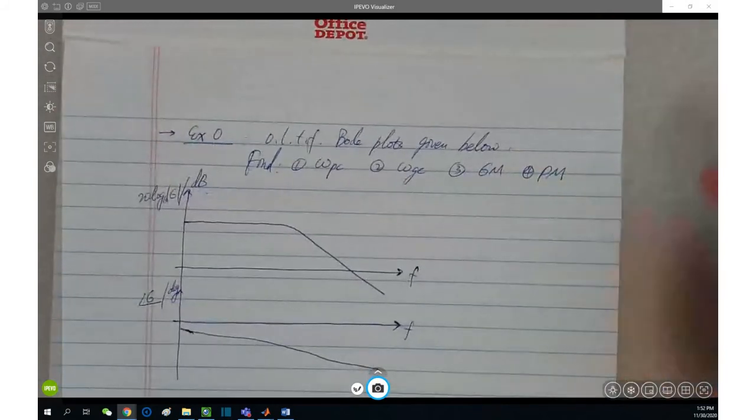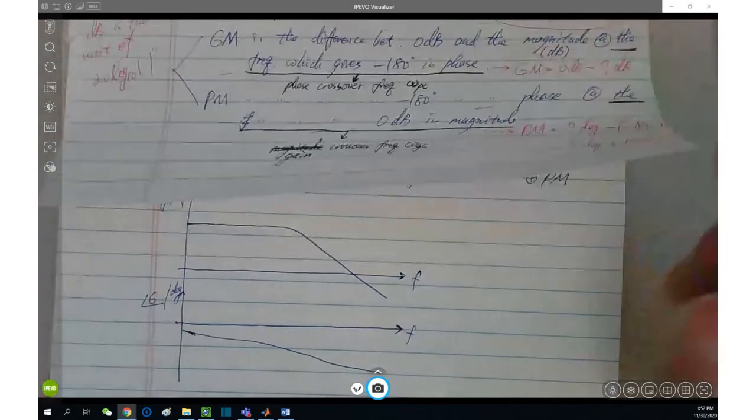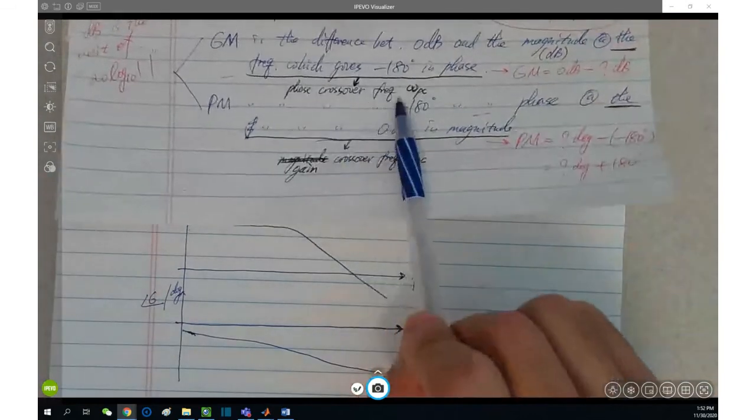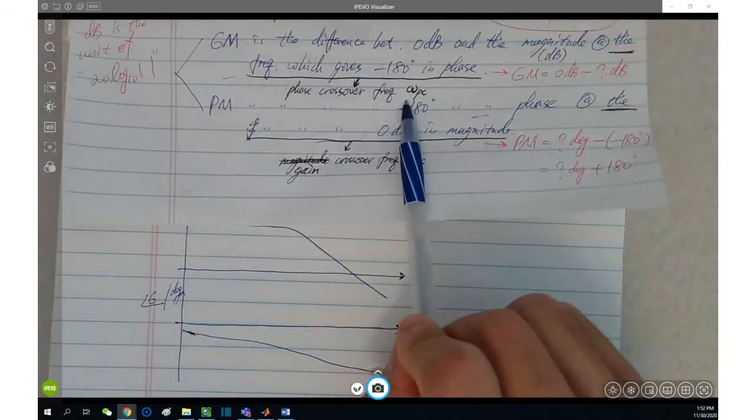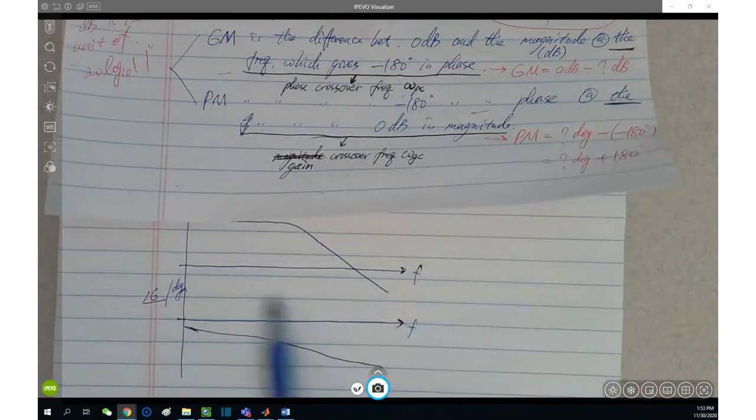So first of all, let's read the two frequencies first. The phase crossover frequency, omega PC, means what? The frequency that gives you negative 180 degree in phase. I think this is straightforward enough, right? So what do we need to do? Go to the phase Bode plot first and locate negative 180 degree.